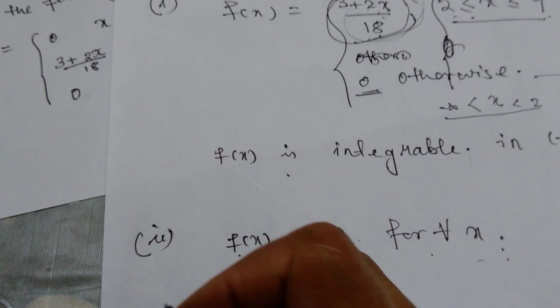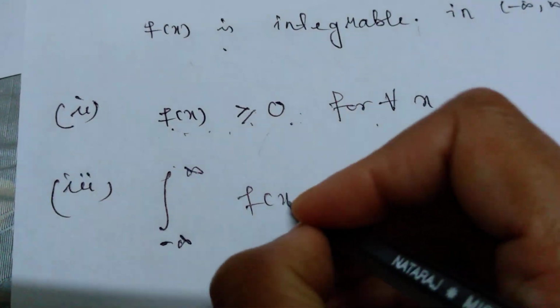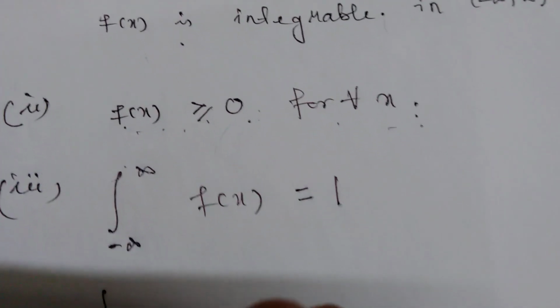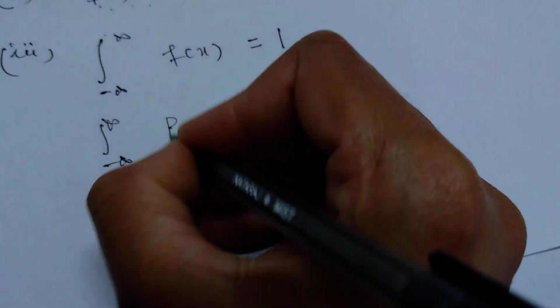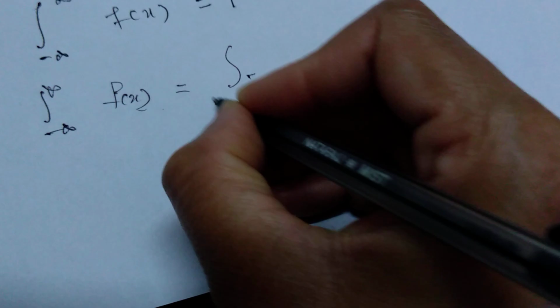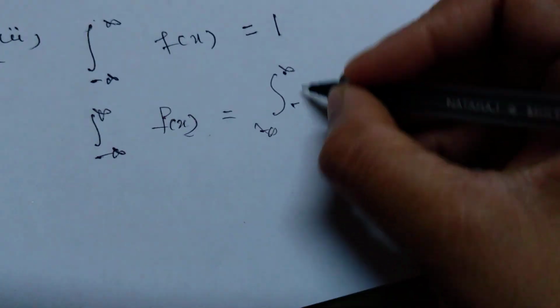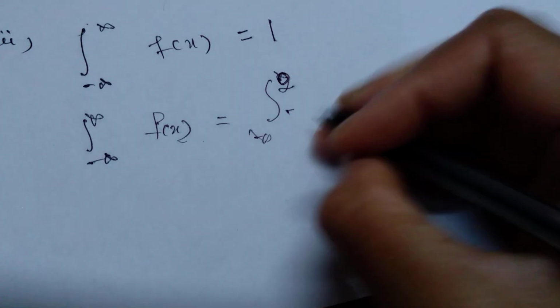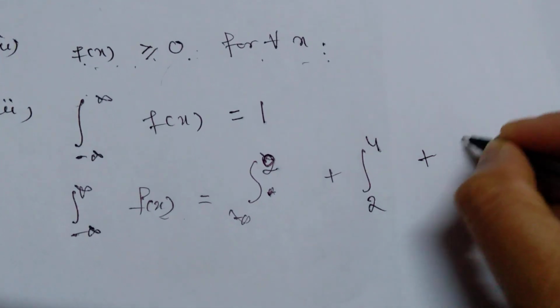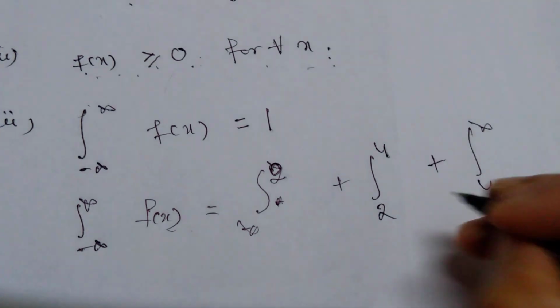Now what will be your third part? That the integration from minus infinity to plus infinity of f of x must be equal to 1. So let us evaluate the integral from minus infinity to plus infinity of f of x, that is equal to minus infinity to 2 plus 2 to 4 plus 4 to infinity.